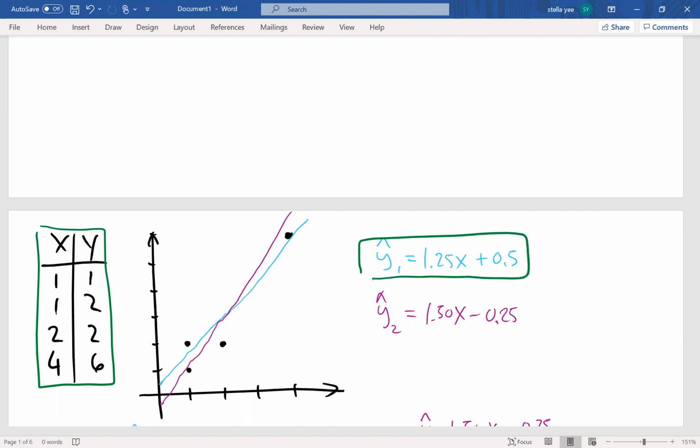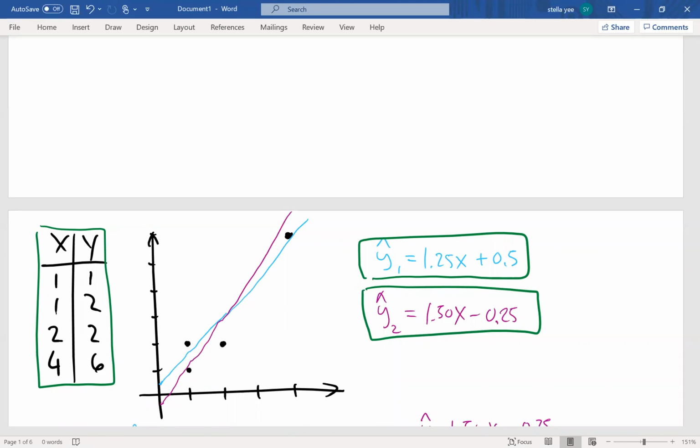So the blue one is given by 1.25x plus 0.5, and the purple line is given by the formula 1.5x minus 0.25. Let's say we want to compare which is a better approximation of the data set that's given.